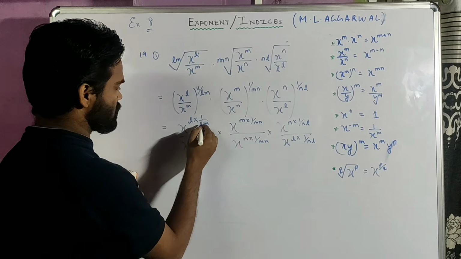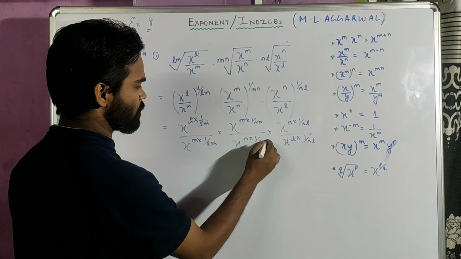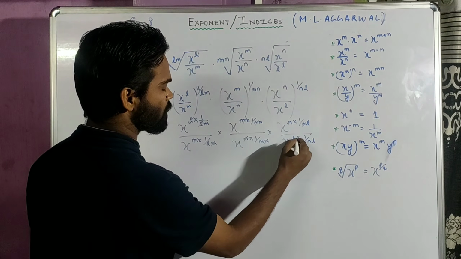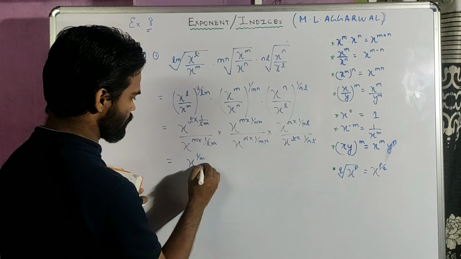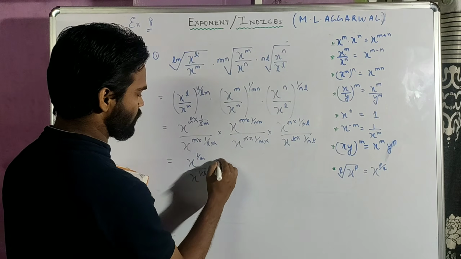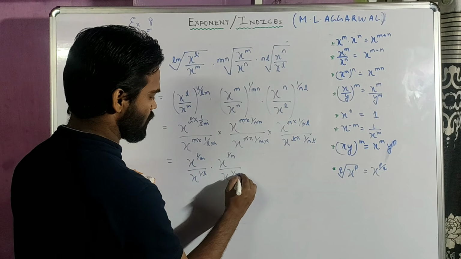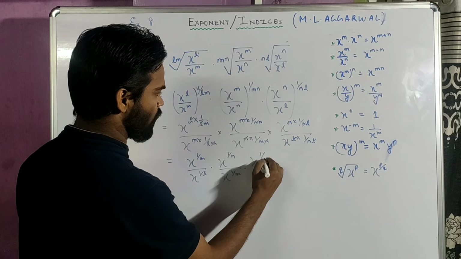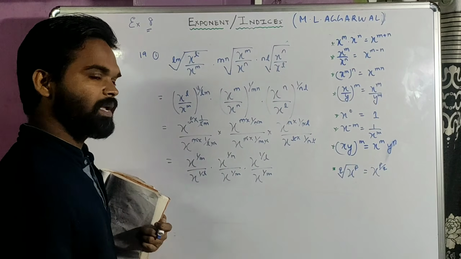Now if you solve this, I think we are getting something like, over here you will get x to the power 1 by m by x to the power 1 by l, multiplied by x to the power 1 by n, x to the power 1 by m multiplied by x to the power 1 by l, x to the power 1 by m. Now bases are same.